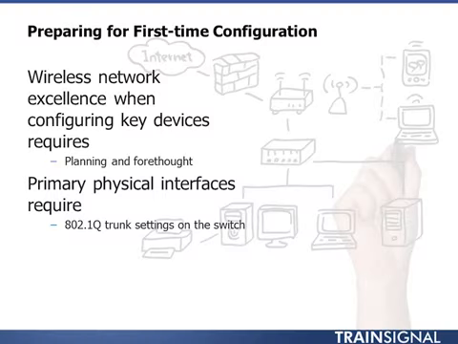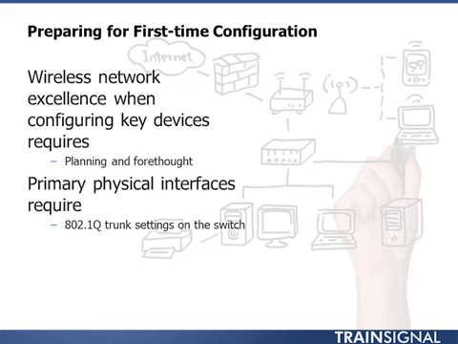Well, like any network node, you want to make sure that you're effectively thinking about the configuration before you actually start configuring the box itself. So creating the plan, working out the IP addresses, the interfaces, etc., before you get that nice brand new wireless LAN controller out of the box.